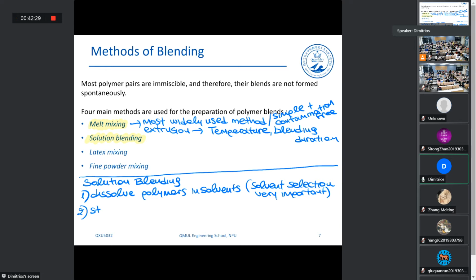So secondly, we stir, or not stir, we mix, let's say, in order to create a homogeneous solution. And finally, we need, of course, to sometimes add compatibilizers or binders if needed.